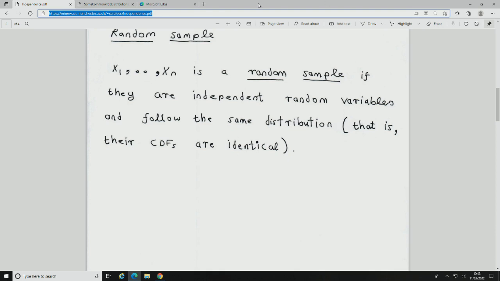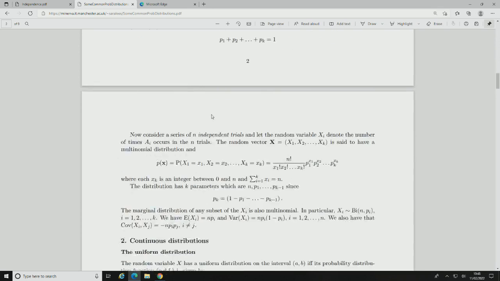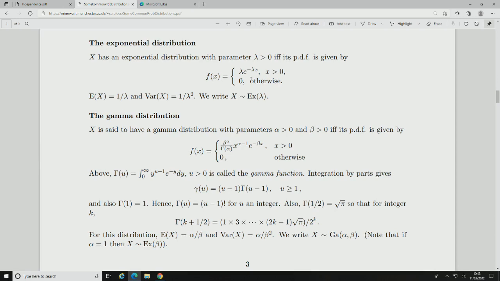Once again, if you go to this link and look for the exponential distribution, this one here, this is the exponential distribution, and it has the probability density function given by this, right?